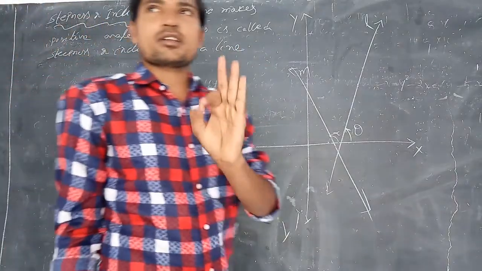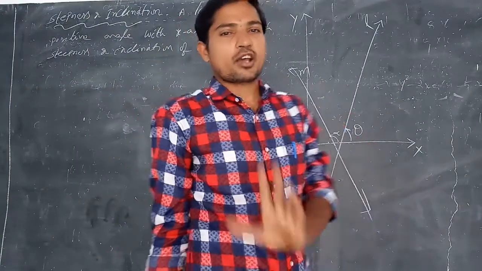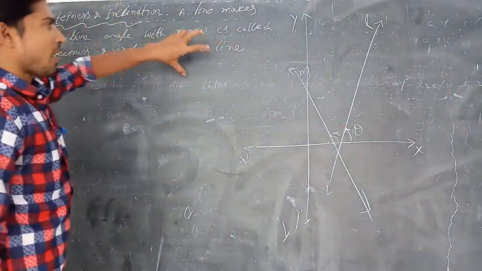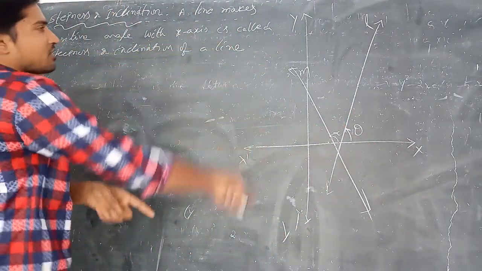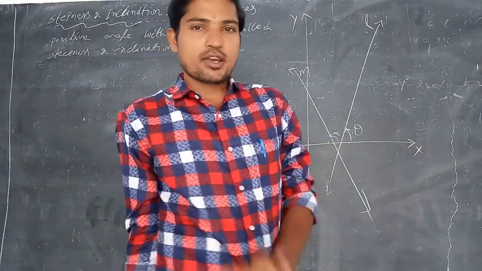Positive angle is nothing but the anti-clockwise direction. The angle a line makes in the anti-clockwise direction with the x-axis is called the steepness of a line.